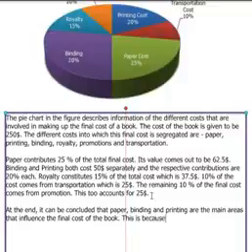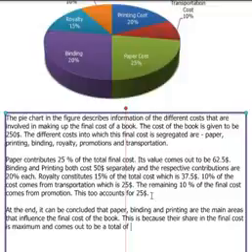This is because their share in the final cost is maximum and comes out to be a total of, now 20 plus 20 plus 25. It makes it around 65%. So that is a major share, 65%.